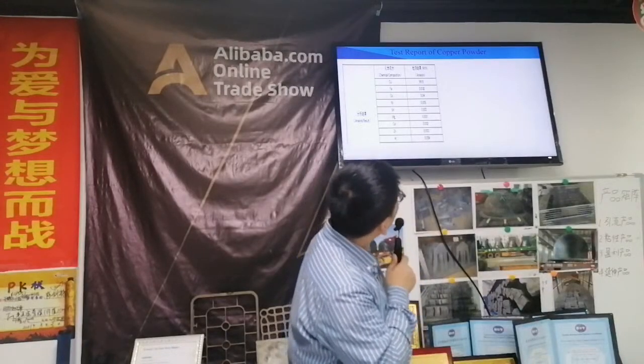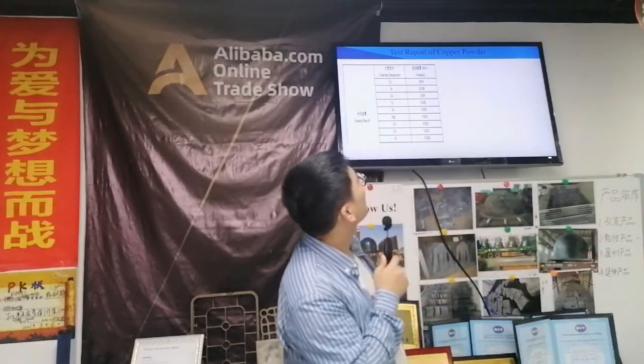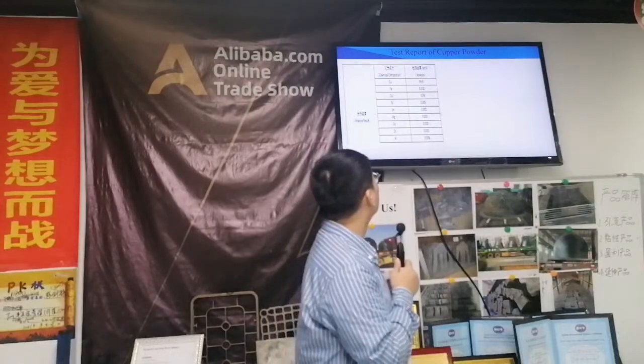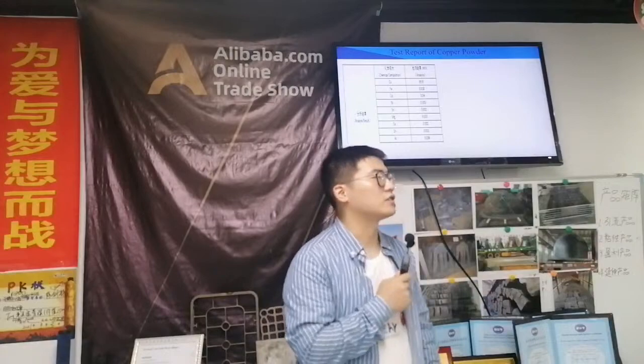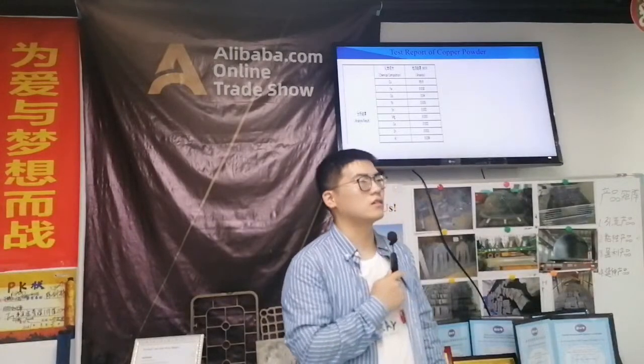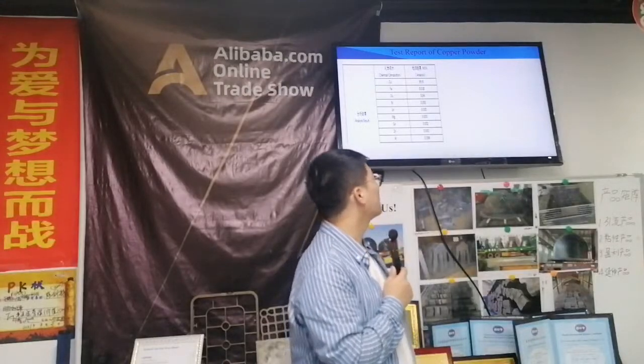And another element is less than 0.04. So the pure copper powder has more purity than the nickel powders, about 99.72.